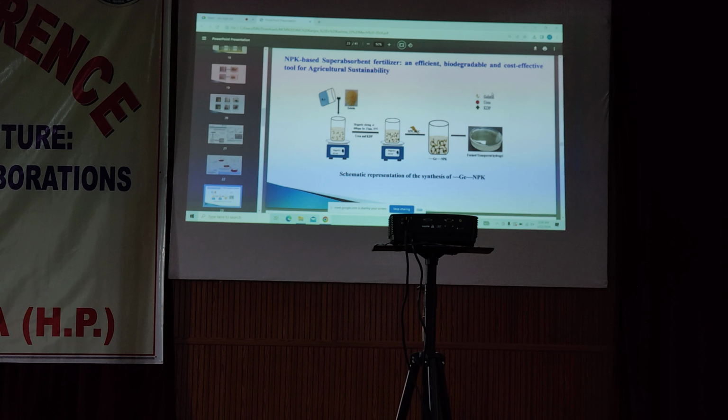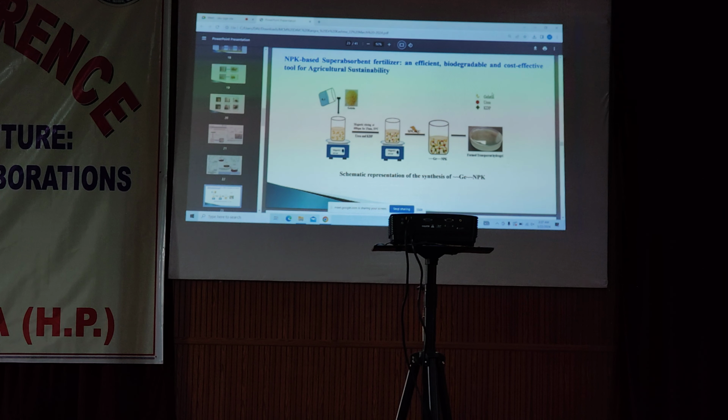So from here we got an idea: why won't we file another patent where we provide a 5-in-1 solution: a nitrogen, phosphorus and potassium based superabsorbent material that not only gives the nitrogen, phosphorus and potassium, but also holds the moisture, and at the end increases the fertility. For this particular thing, we have used a gelatin.